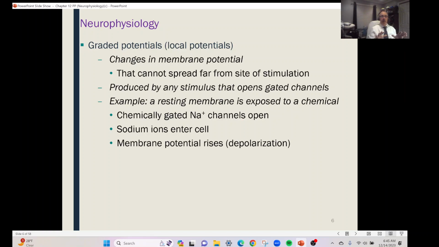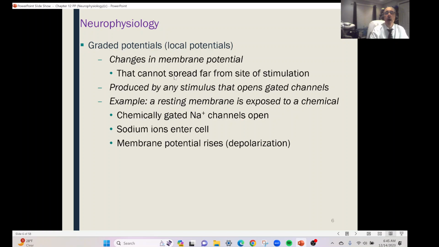Okay, so now that we know what the neuron looks like at rest, let's take a look at our first type of nerve conduction or nerve impulse known as a graded potential, right? This is what I'm going to call it, but just be aware that sometimes people do call them local potentials. These are changes in membrane potential. So we're going to see that voltmeter change from minus 70.